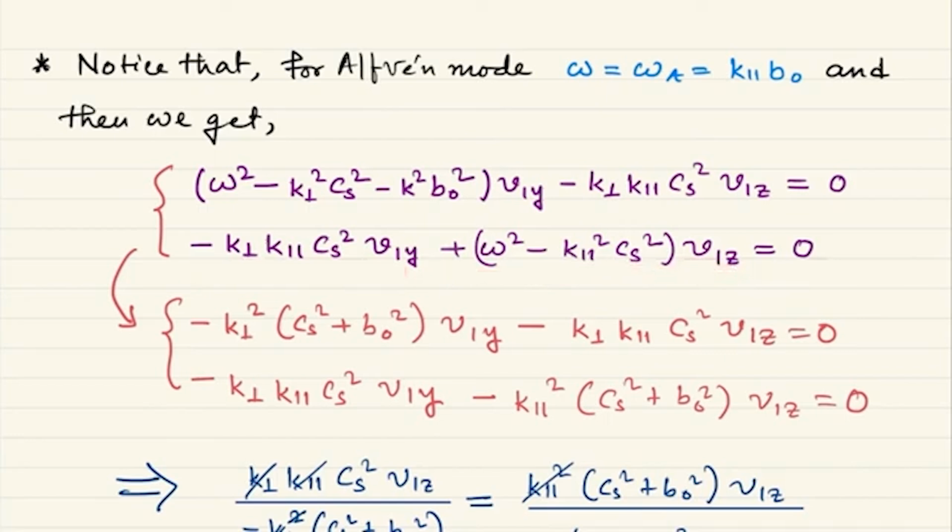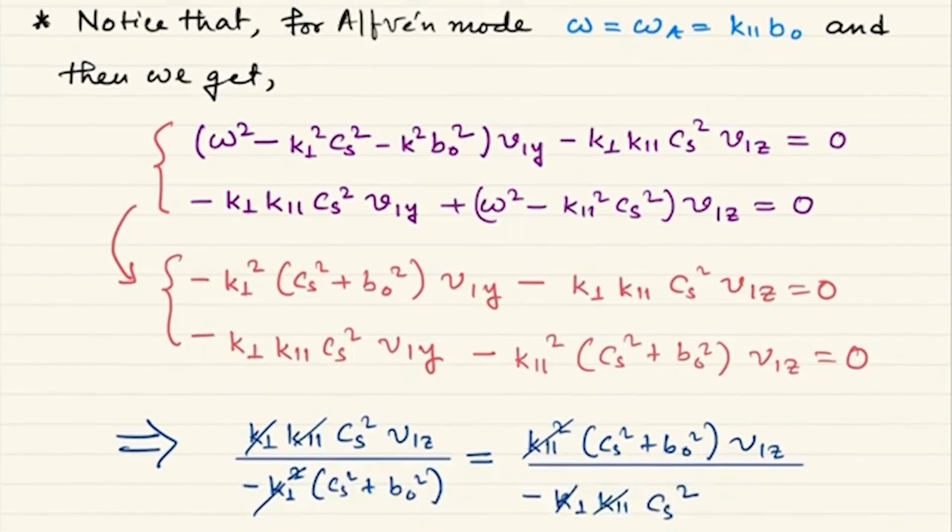Now if I use this value for omega, I will simply get minus k perpendicular square cs square plus B0 square times V1y minus k perpendicular k parallel cs square V1z is equal to 0. Then here you have minus k perpendicular k parallel cs square V1y minus k parallel square cs square plus B0 square V1z is equal to 0.